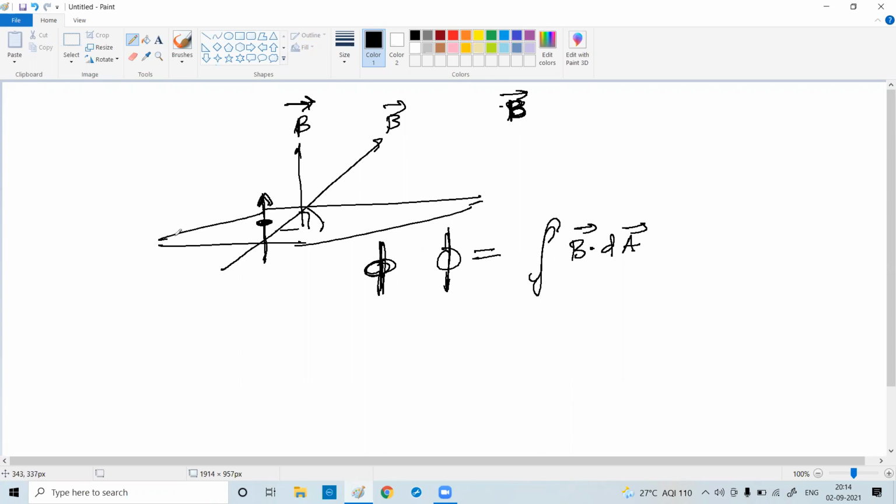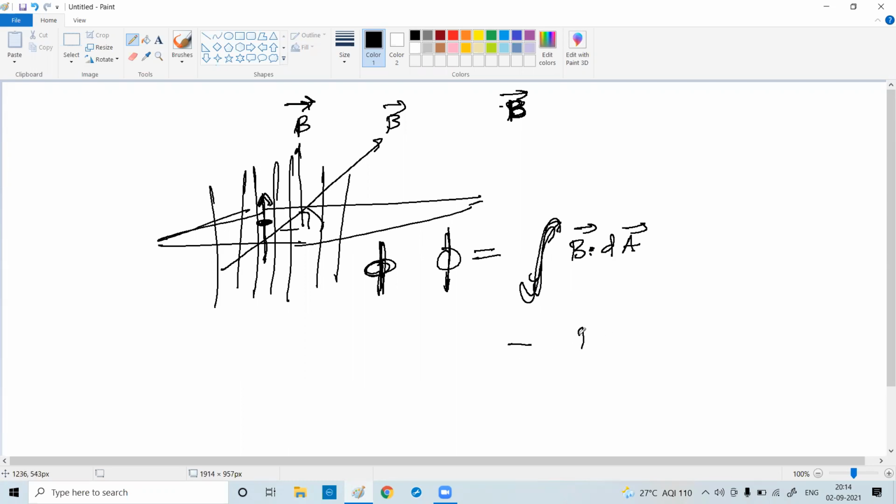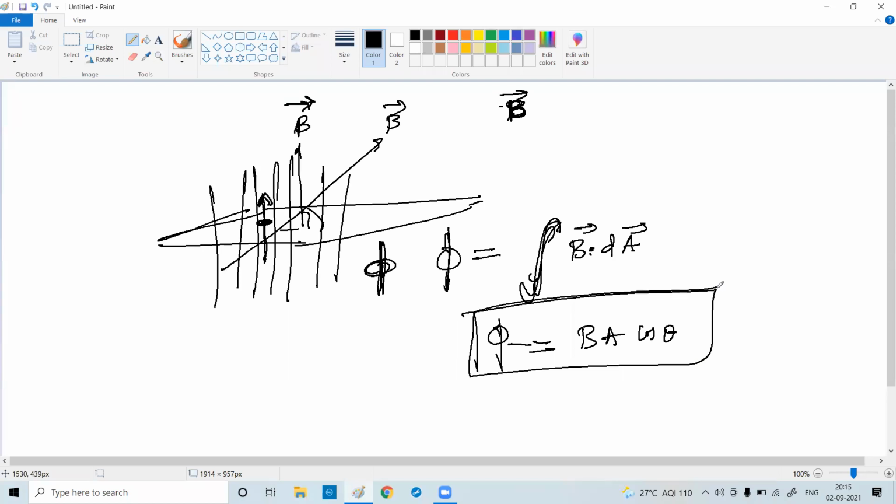If you want to find the total magnetic flux in the area, then we integrate B dot dA. And that becomes B dA cos theta. This is the formula for magnetic flux.